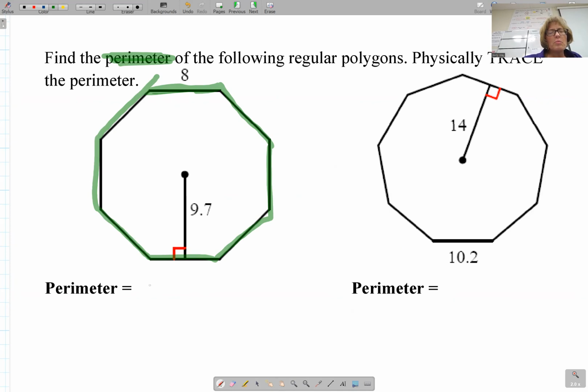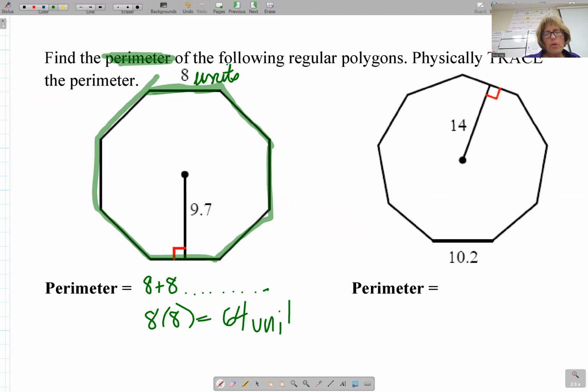You can see this perimeter as 8 plus 8, going 8 times all the way around, or you can just do 8 times 8. So my perimeter is going to be 64. Check for units. We don't have units, so you just write units. Perimeter is only one dimension. It's only length, so you use singular units.